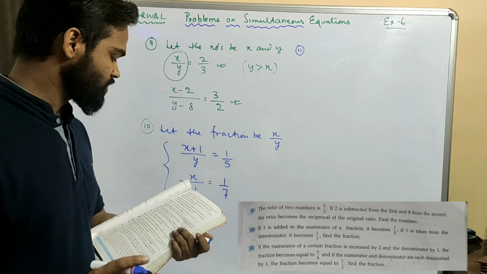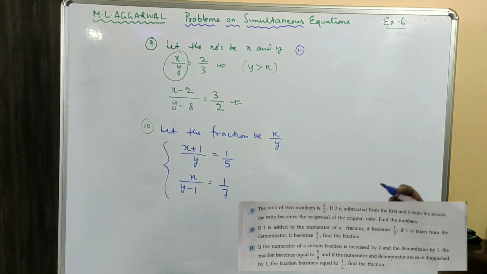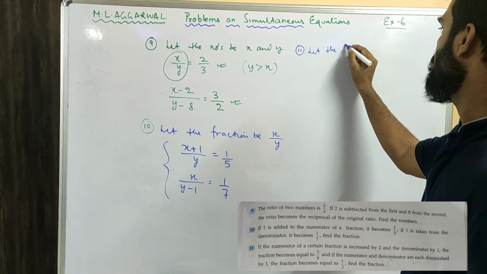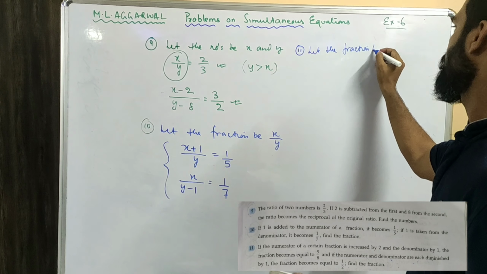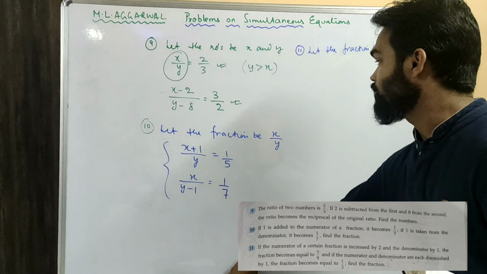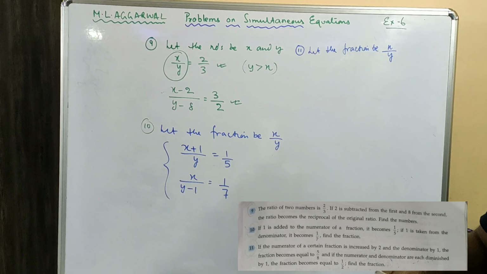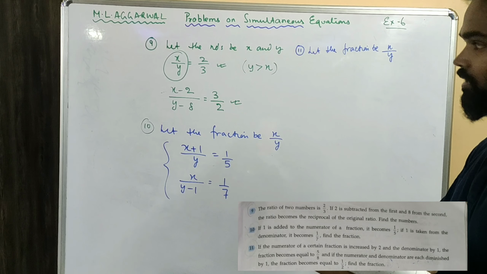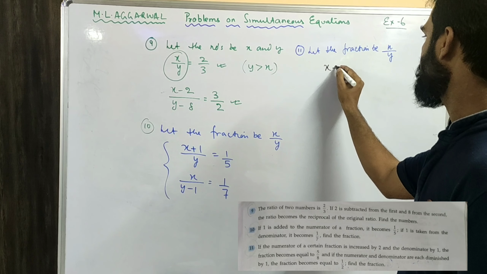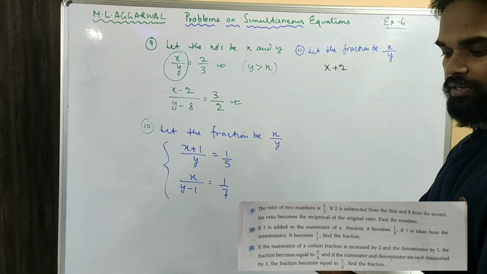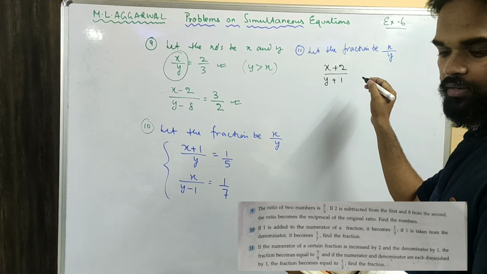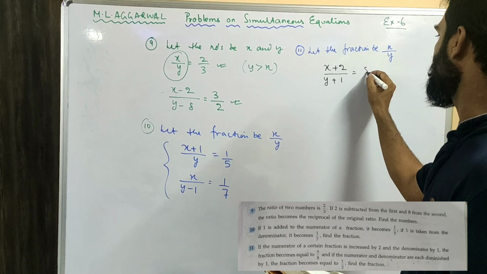Look at sum number 11. Again, it's on fraction. If the numerator of a certain fraction is increased by 2, let the fraction always be x by y. Am I clear? Where x is your numerator and y is your denominator. Now I'll read the sum. Number 11. If the numerator of a certain fraction is increased by 2, so x plus 2, and the denominator by 1, so y plus 1, the fraction becomes 5 by 8.